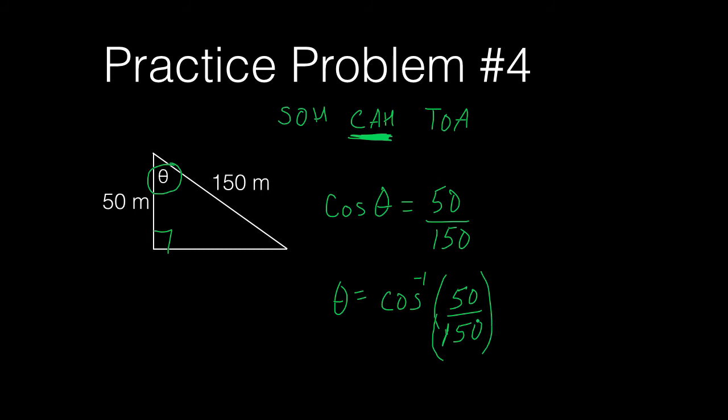And so on your calculator, to find the inverse cosine button, you have to hit the second function, and then if you hit cosine, you'll notice there's a little cosine with the minus 1 sign above it. And so I'm just going to hit second function cosine, parentheses, 50 divided by 150. And then close it off with your parentheses.